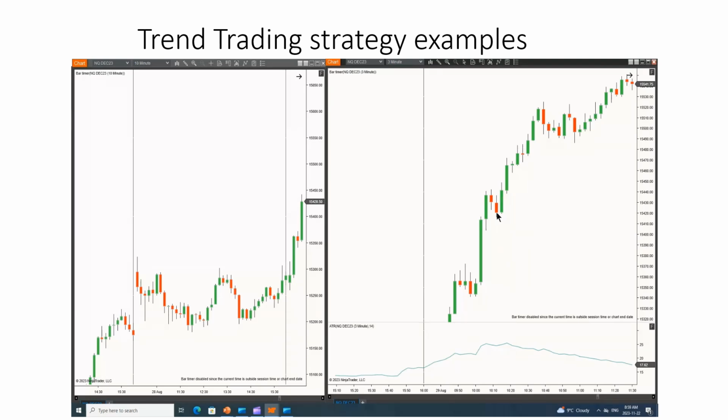Then what we're gonna do is see the ATR. How much is the ATR? The ATR was 24.74 when this candle formed. Okay, let's say it was 25.